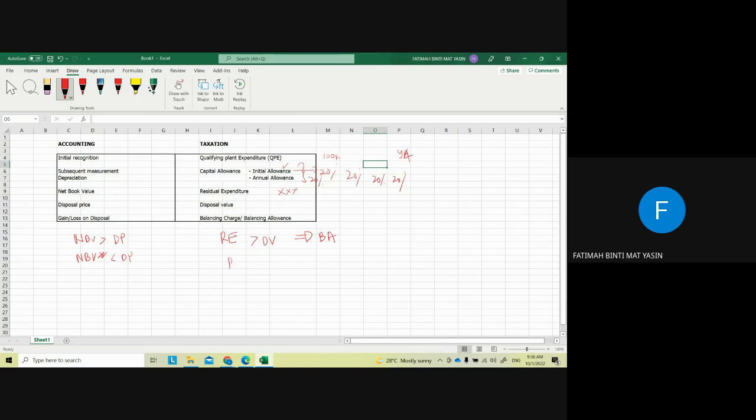But if the residual expenditure is less than the disposal value, meaning the disposal value is more than the residual expenditure, then it is considered a balancing charge. That is why you add the balancing charge when you calculate your tax, and you minus the balancing allowance, because one is considered a loss and the other a gain. So that's the concept of capital allowance.